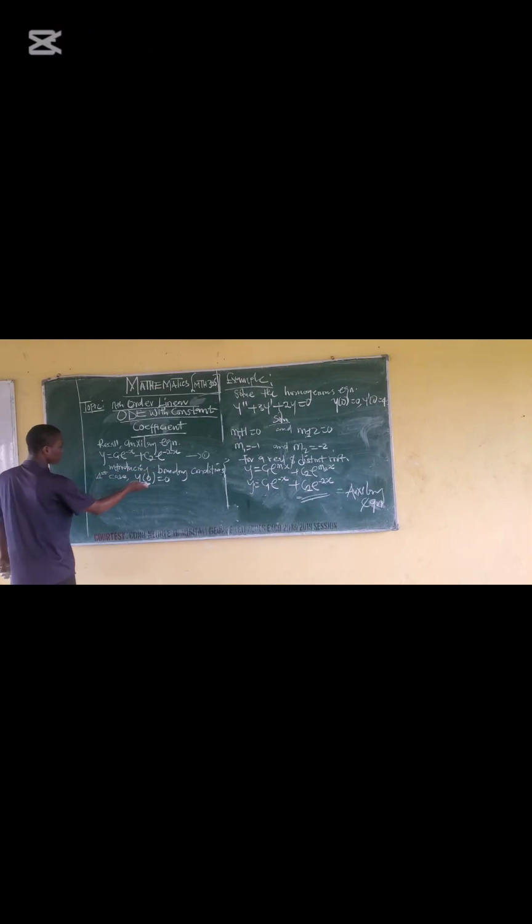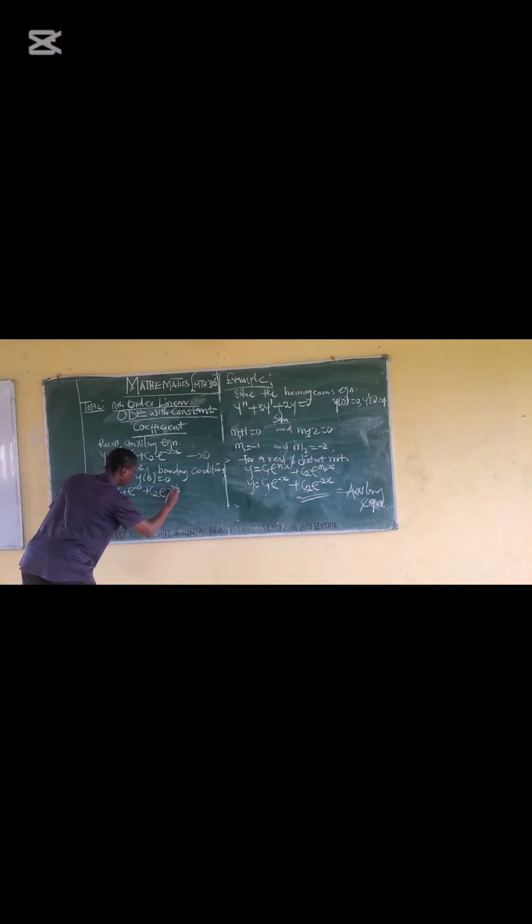If I substitute this into equation 1, the auxiliary equation, y here is equal to 0 and x here is equal to 0. So I'm going to have 0 equal to C1 exponential minus 0 plus C2 exponential minus 2 times 0. This is my new expression.